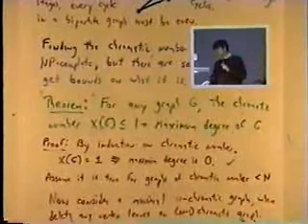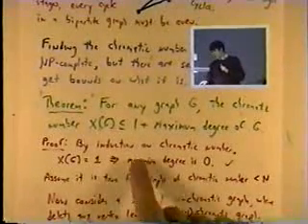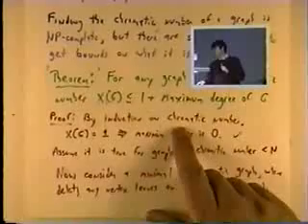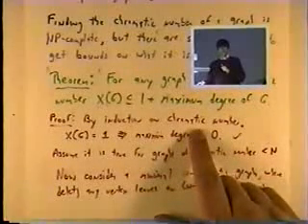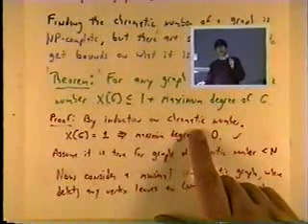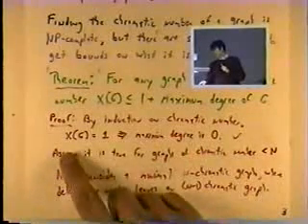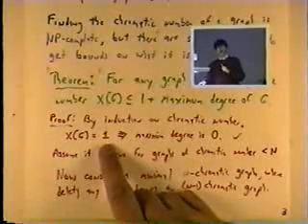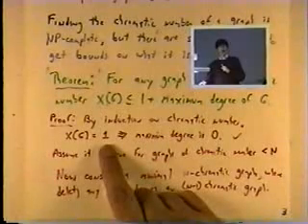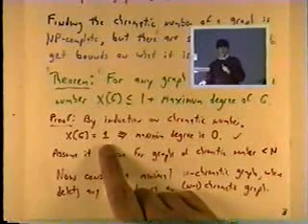Let's look at a proof by induction. Here we're going to do our induction on the chromatic number itself rather than on the number of vertices. If the chromatic number of the graph is 1, what's the maximum degree of any vertex?